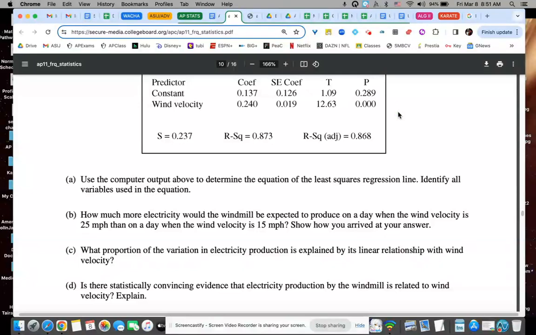So the p is almost zero, so we reject the null hypothesis that there is no association in favor of the alternative hypothesis that there is an association going on. In this case, a positive association. So I would just talk about the p, saying how that's really close to zero, less than 5%. We reject the null of zero, and we have evidence to suggest there is an association.